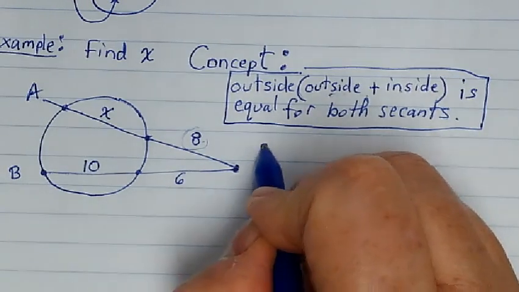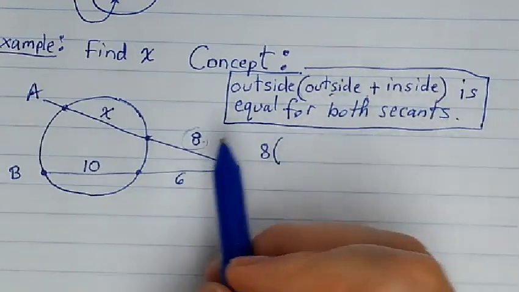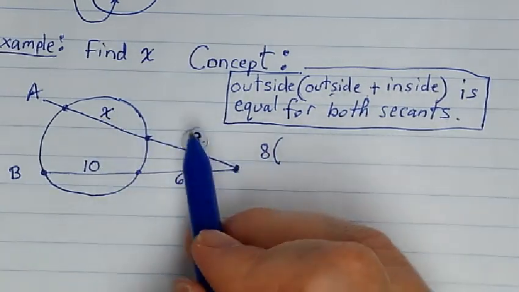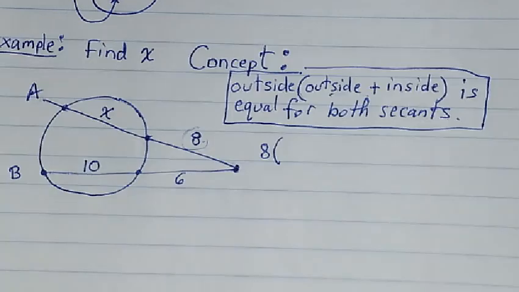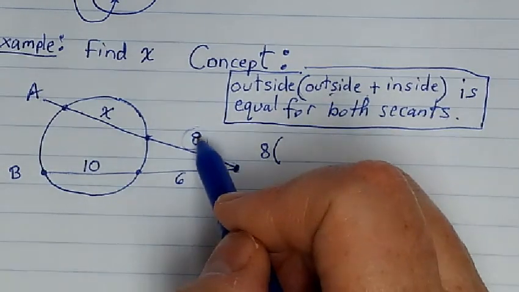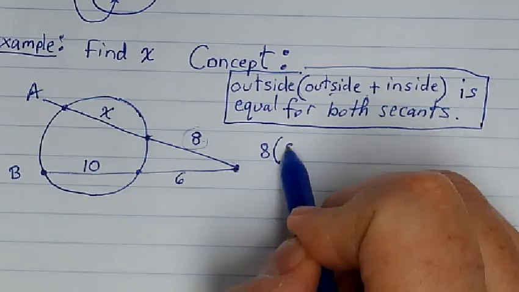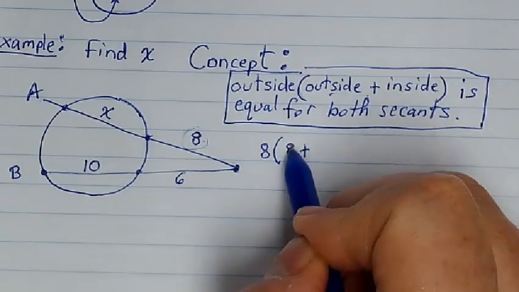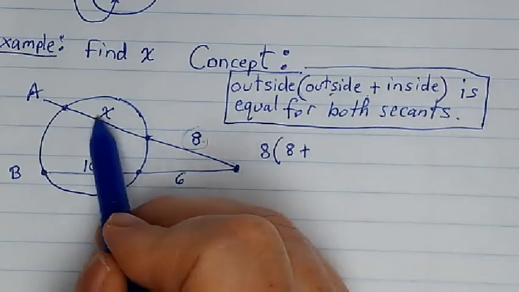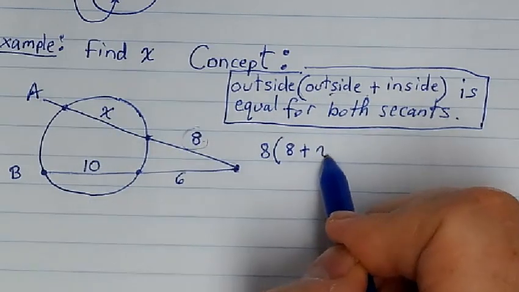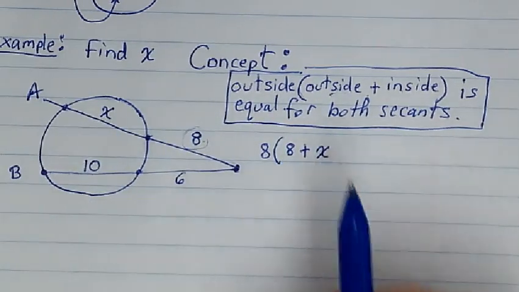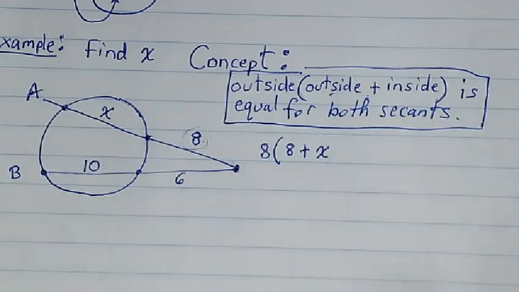Multiplied by the sum of the outside with the inside. Now 8 plus x is definitely, here's the first mistake kids make. 8, the sum would be adding. 8, the outside, plus the inside. What's the inside value? X. Now 8 plus x is not 8x because they're not like terms. You cannot add them. So it stays like that.